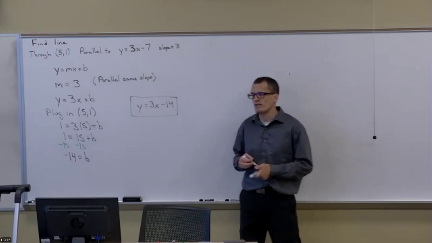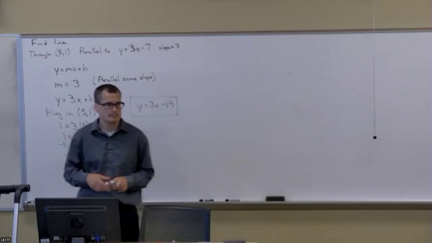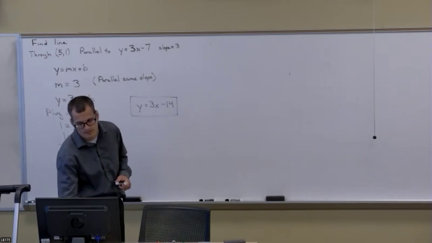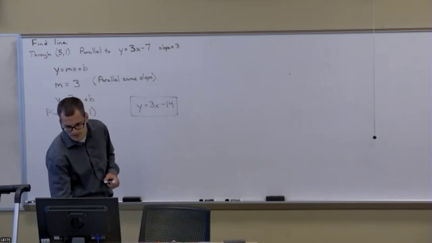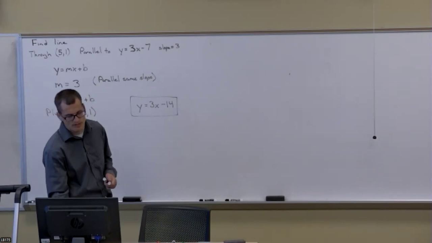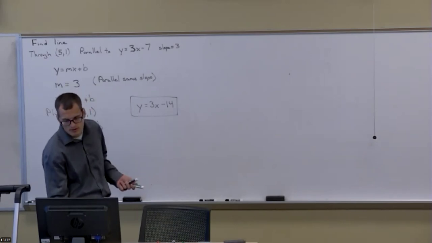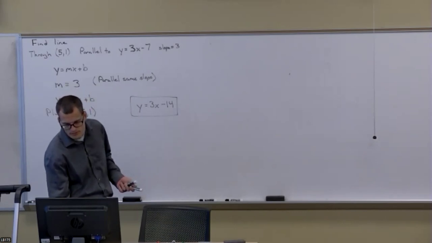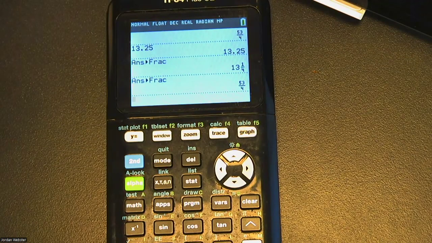By the way, if you wanted to graph these, you could graph these, whether it's on the TI-84 or on Desmos or something like this, and just confirm that these are parallel and confirm that it goes through the correct point.